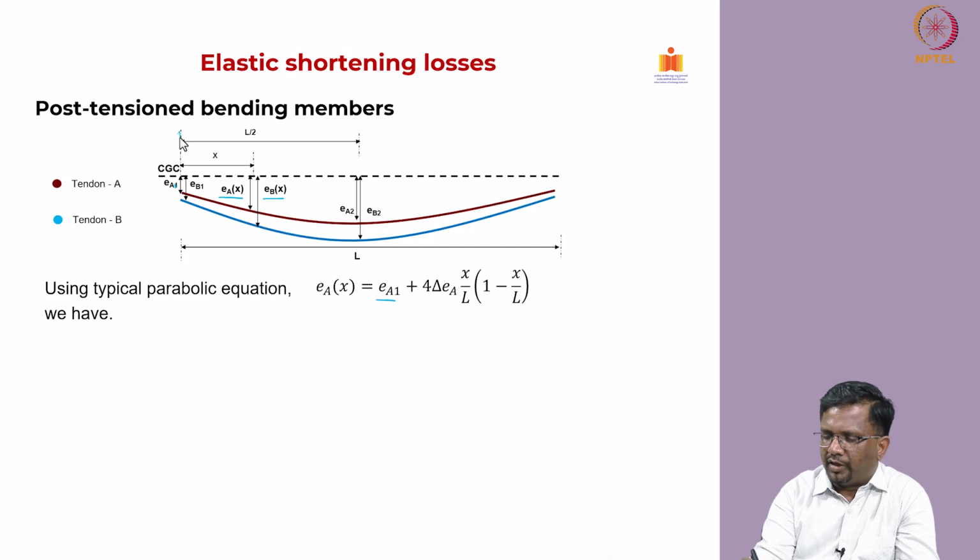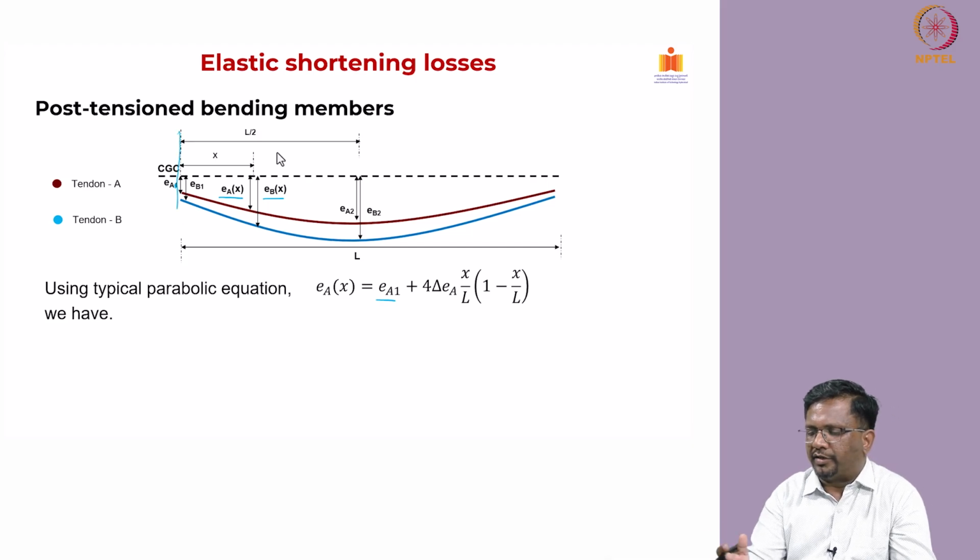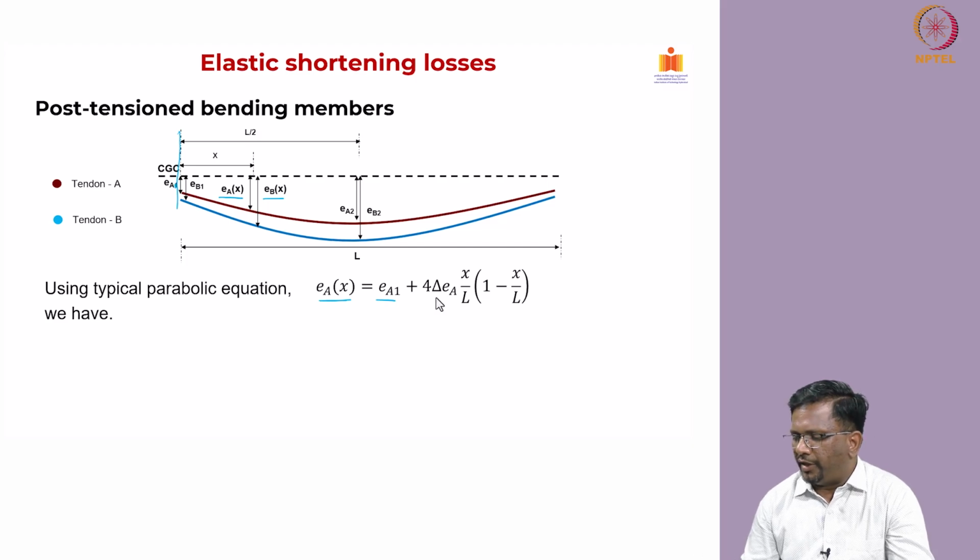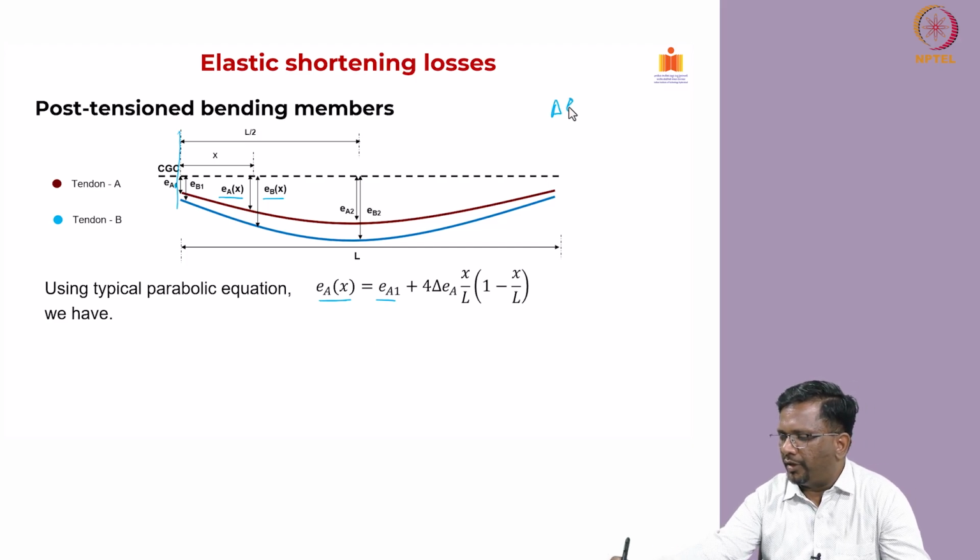If I give a number, then I can get the eccentricity at that distance x. Now, what is delta EA? Delta EA is nothing but EA2 minus EA1.